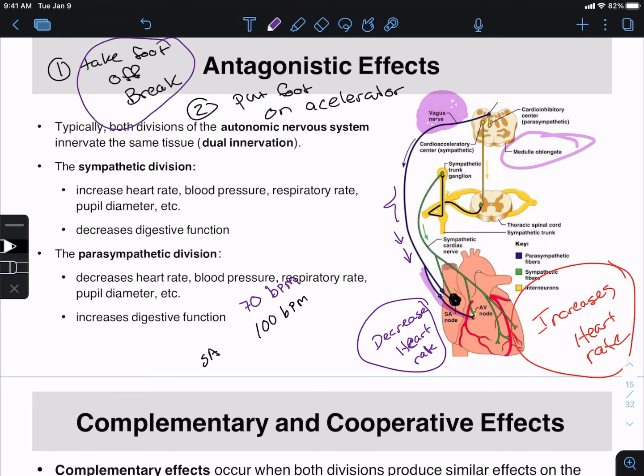But now if we want to increase our heart rate, we reduce the number of action potentials from the vagus nerve, and our heart is automatically going to increase to 100 beats per minute just by virtue of reducing vagus nerve activity. We're automatically going to go up to 100.